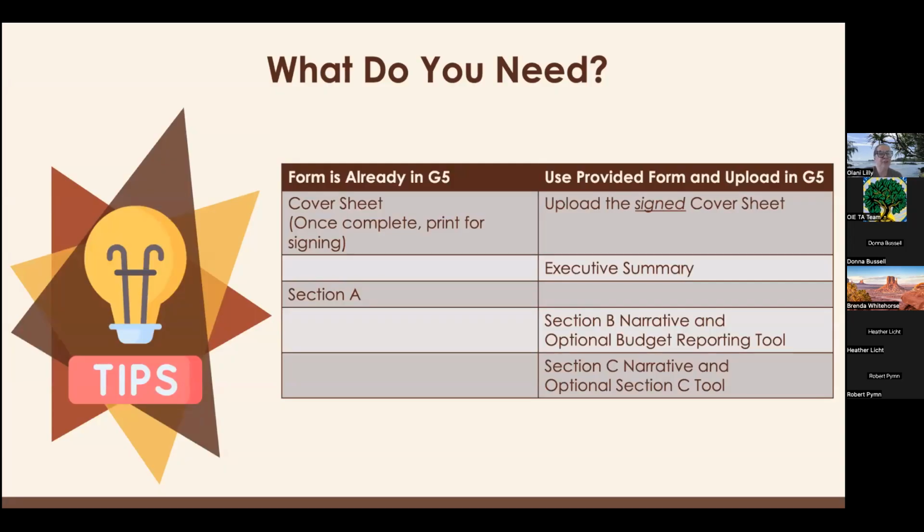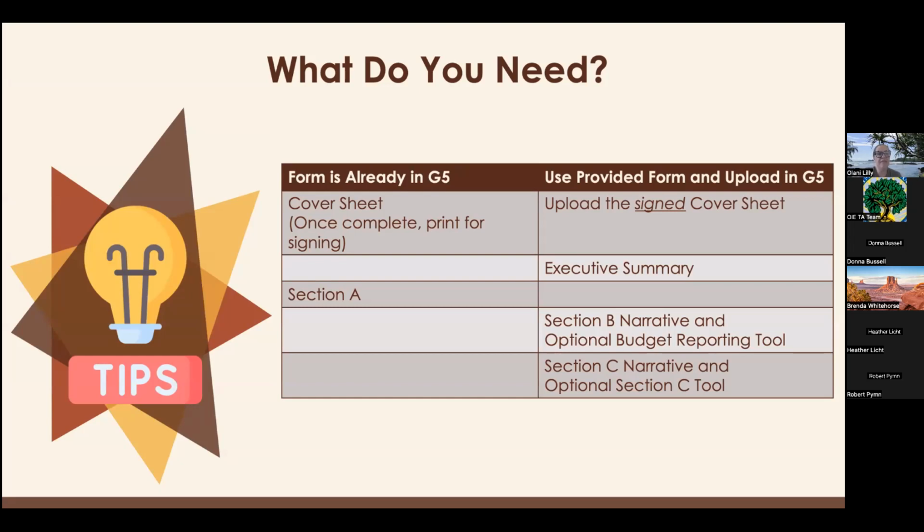So as you get ready to complete your APR, what we wanted to do is provide this chart that will show where the forms are located. The cover sheet as well as Section A are already located in your G5.